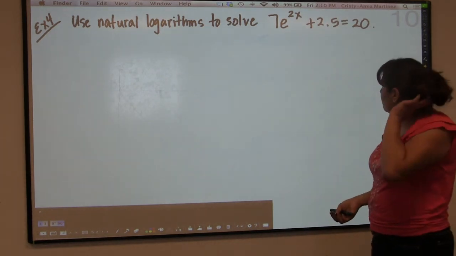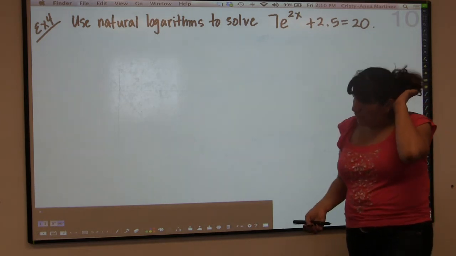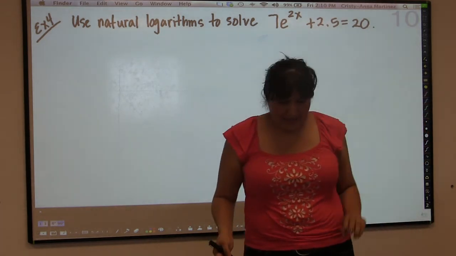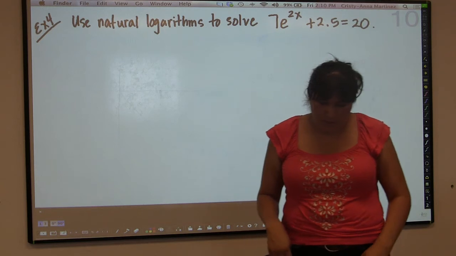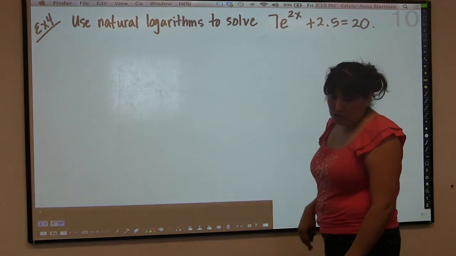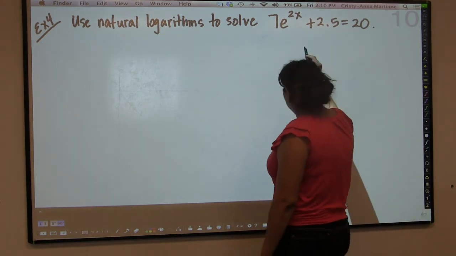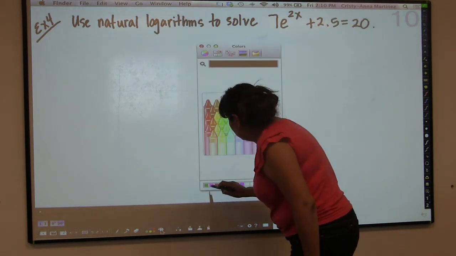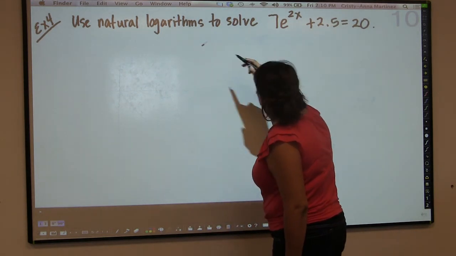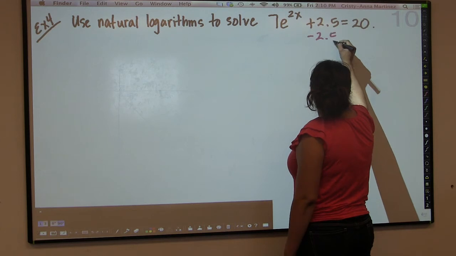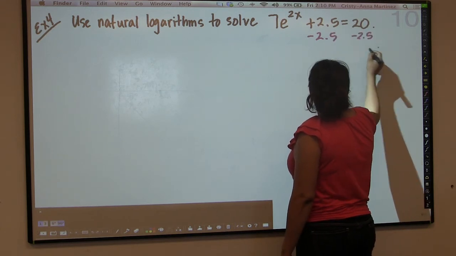So what you want to do when you're solving these generally is to isolate the exponential part. So I'm going to move my 2.5 to the other side.